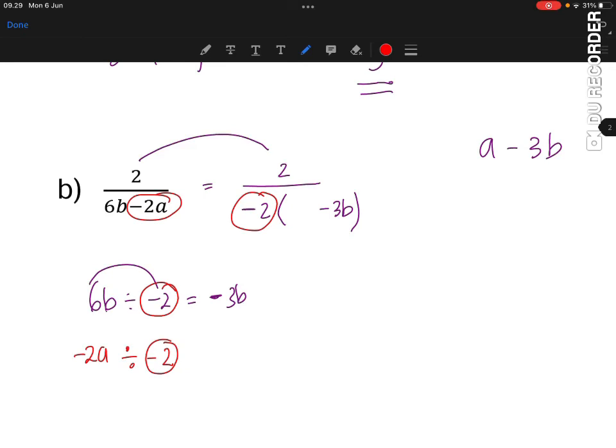Negative divided by negative is positive. 2 divided by 2 is 1. A divided by, just positive a. If we have a fraction, negative 2 divided by negative 2, cross, then you still have a, right? This is the simplest way. So just put the positive a here.